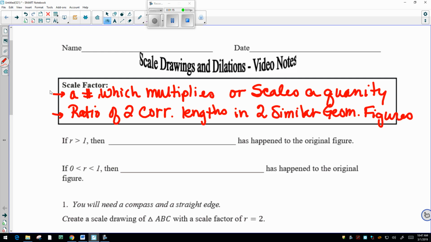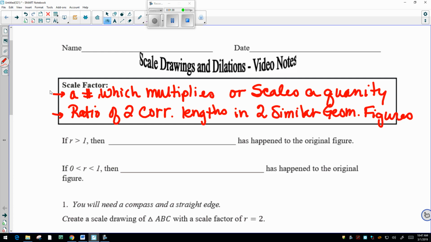So when we're looking at this, we will use our second kind of definition a little bit more to compare and see if figures are in fact similar. So by comparing, getting that ratio. And the scale factor, thinking of it in terms of multiplying, we're going to probably use it a little bit more when we connect that to the word dilation.